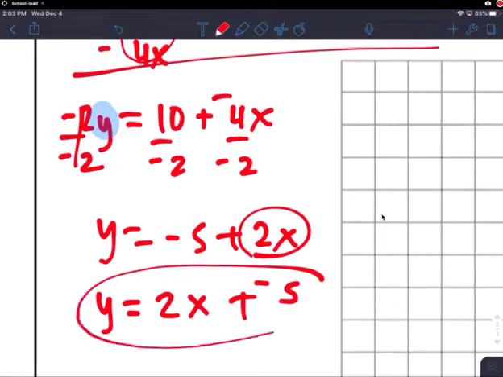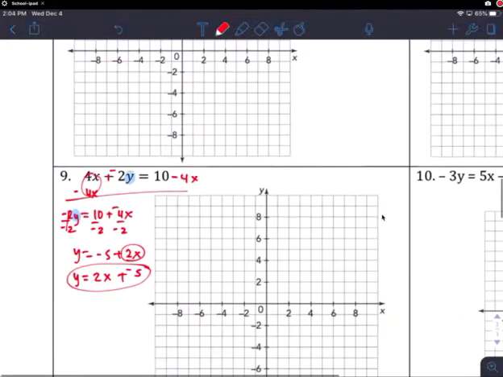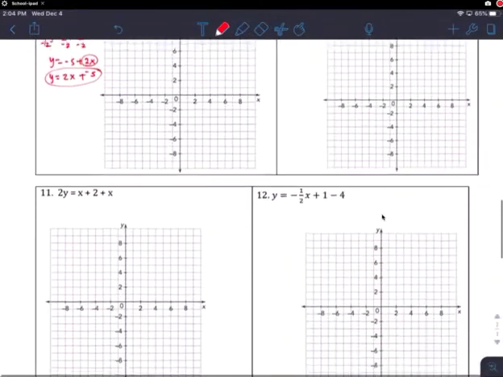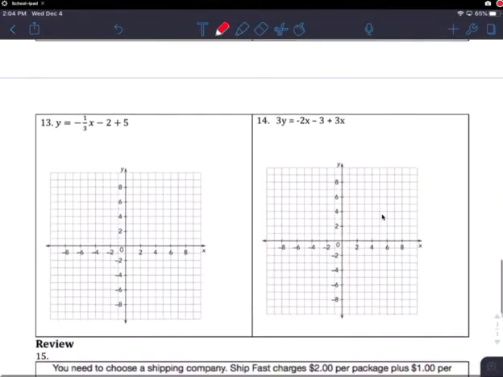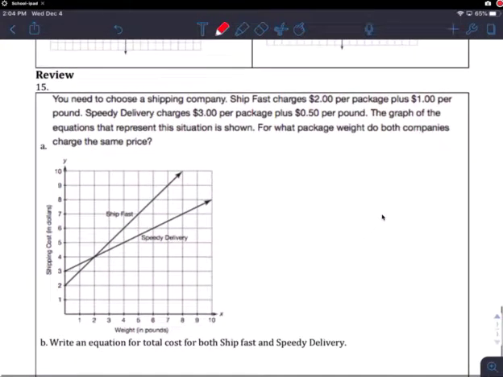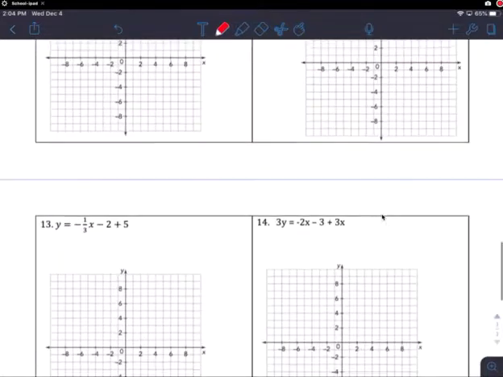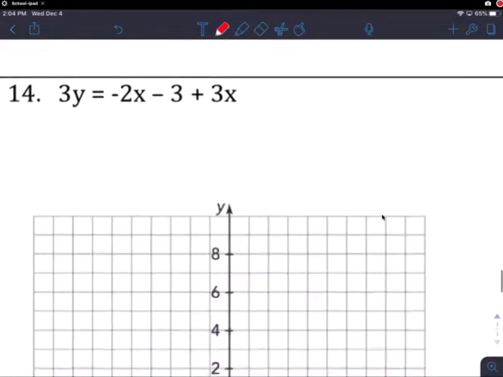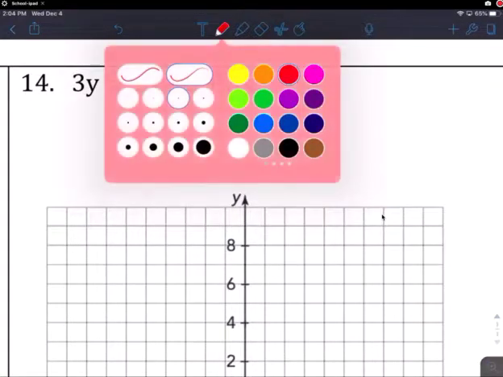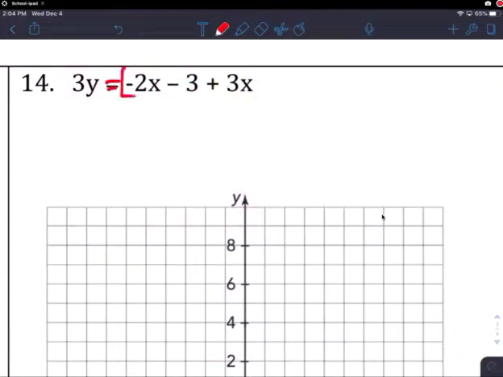And on IXL y.7, you need it in slope-intercept form, then graph it. Okay, and I think we did all the rest in class. The only one that we did not finish in class is number 11. Number 15. Anytime on one side of the equation that you can combine like terms, make sure you do.